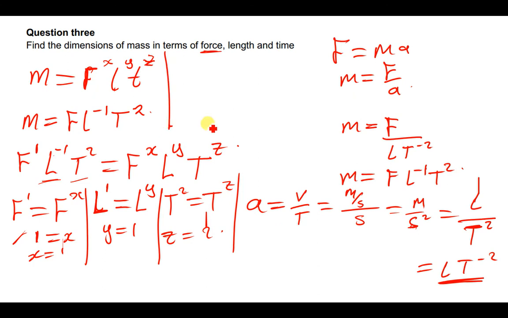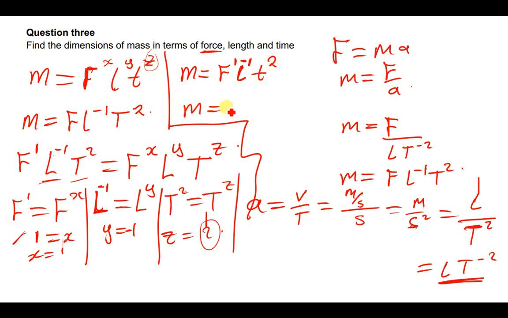Hence the mass in terms of force, length and time is F to the power 1, L to the power y, which is -1, and then time to the power 2, because time is having z.